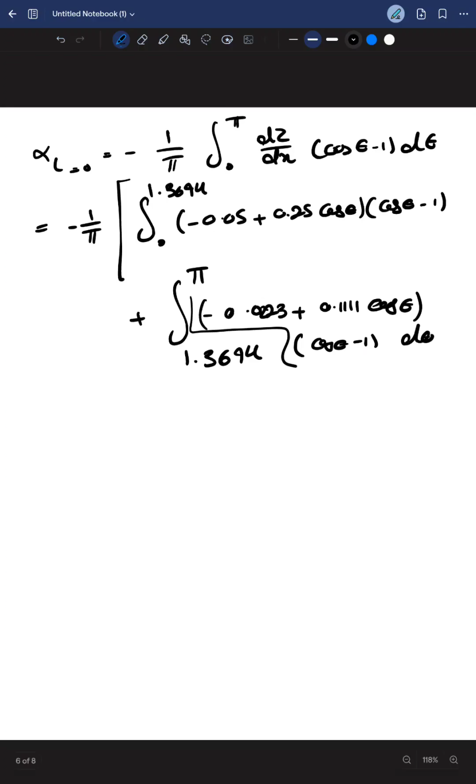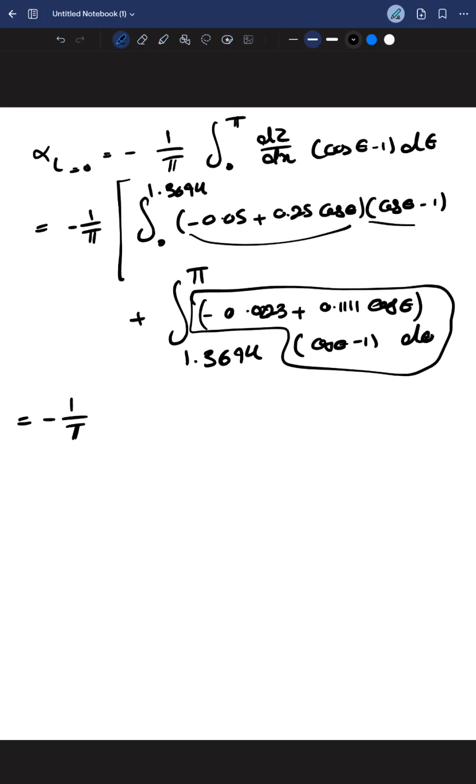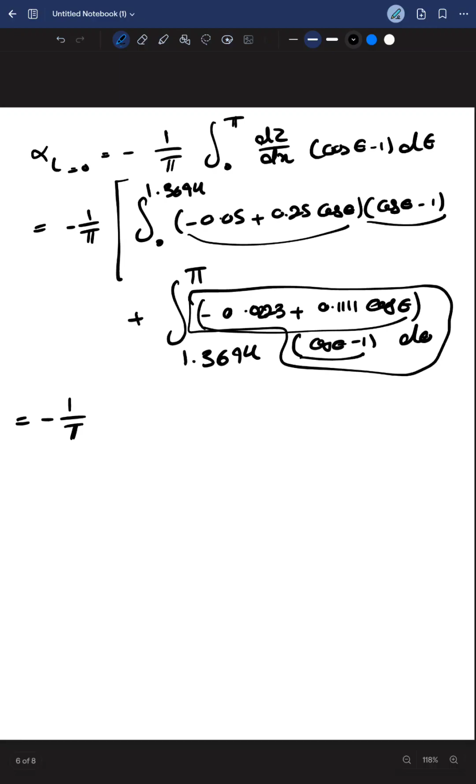This is all one line, guys. Okay. Let's multiply this parenthesis with this and this parenthesis with this and see what we're going to get.